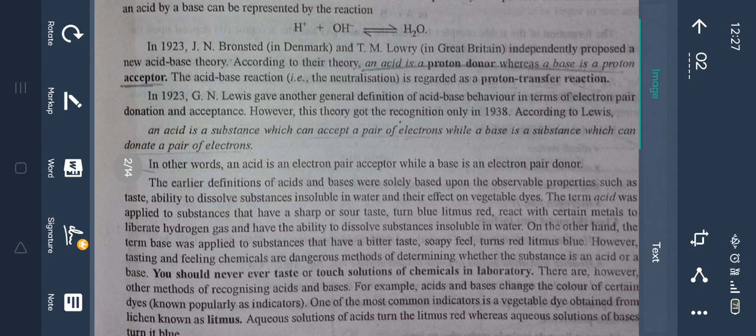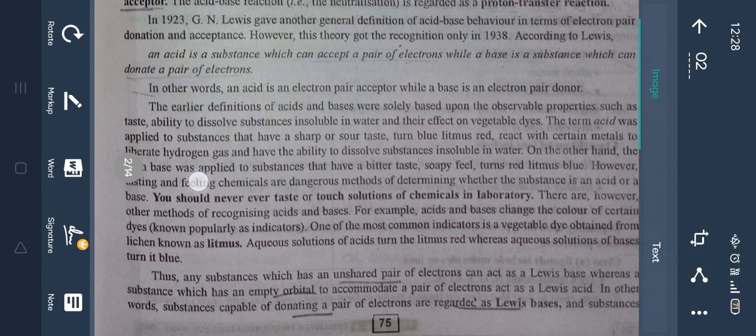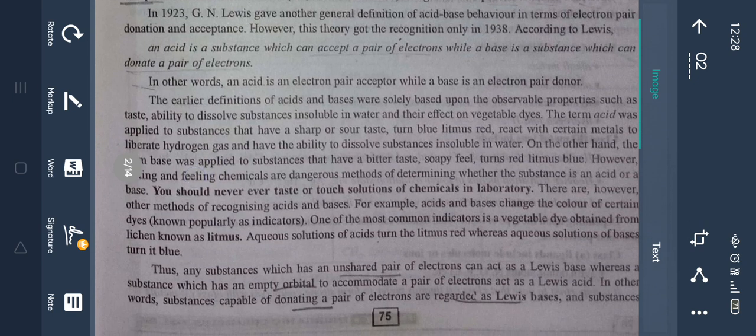For example, acids and bases change the color of certain dyes, popularly known as indicators. One of the most common indicators is a vegetable dye obtained from the lichen, known as litmus. Aqueous solutions of acids turn litmus red, whereas aqueous solutions of bases turn it blue.